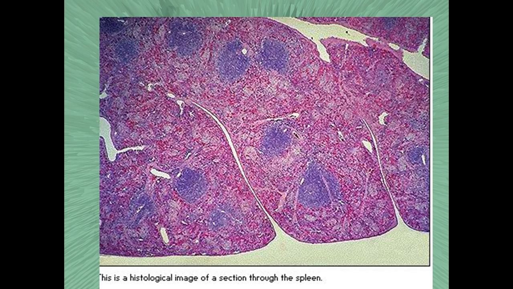It destroys the old red blood cells, the erythrocytes, and sends them to the liver, where the hemoglobin of these destroyed erythrocytes will transform into bilirubin and be released with the bile from the body. The differentiation of lymphocytes also takes place in the white pulp of the spleen, and you can see here the lymphoid follicles.